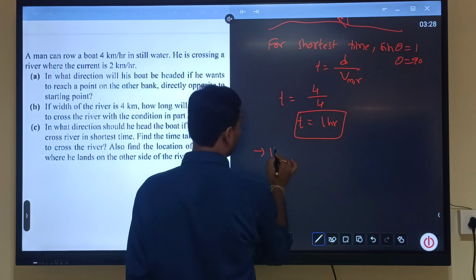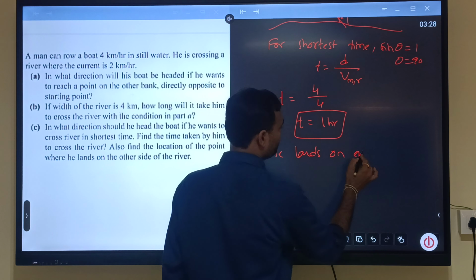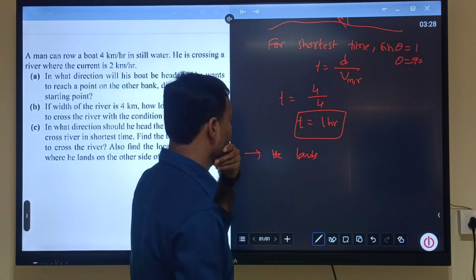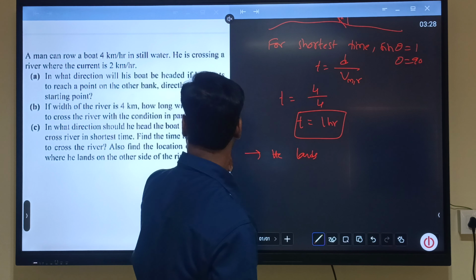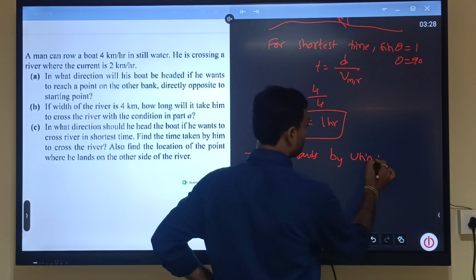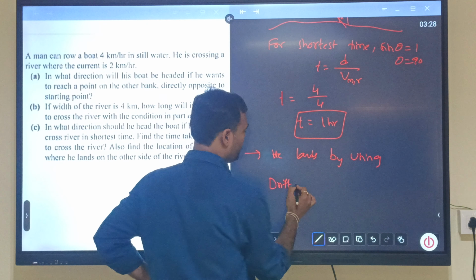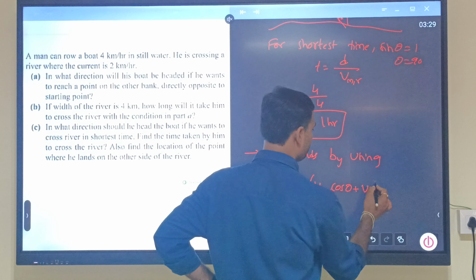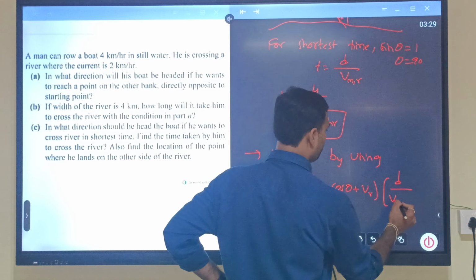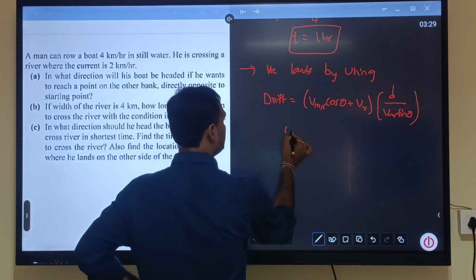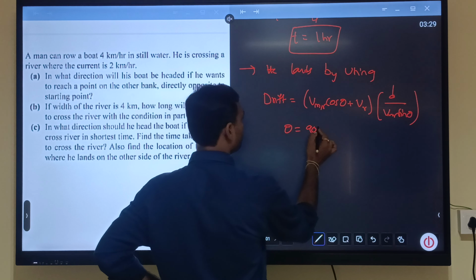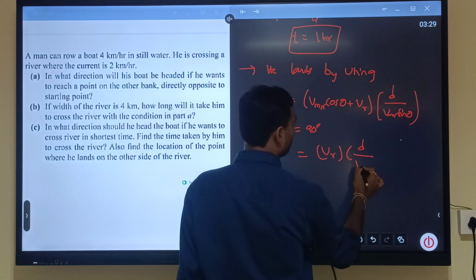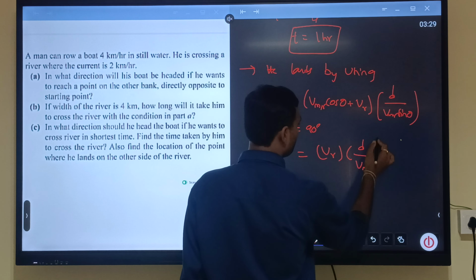So obviously he lands by using drift is equal to velocity of man with respect to river cos theta plus velocity of river, time is d by vmr sin theta, and here theta is 90 degrees, so cos 90 is 0, and sin 90 is 1, so d by velocity of man with respect to river.